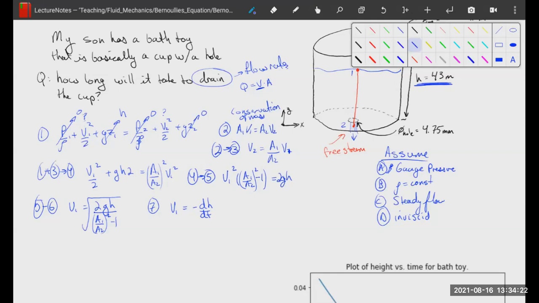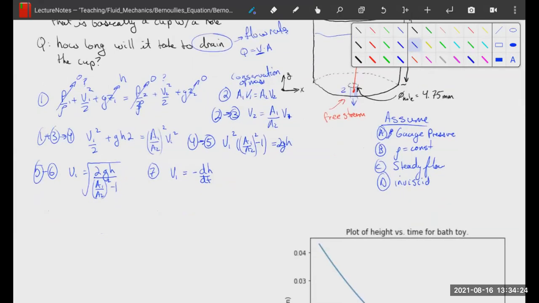Great. So 7 plus 6 to 8 gives us negative dh/dt is equal to the square root of 2gh over (A1 over A2 squared minus 1).